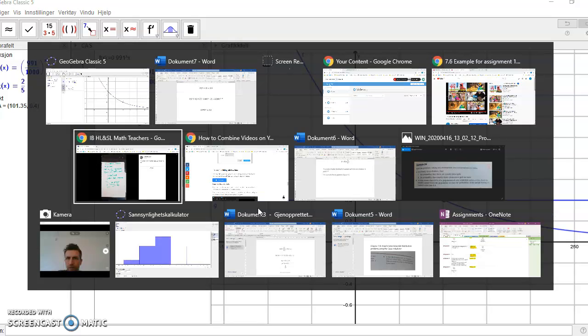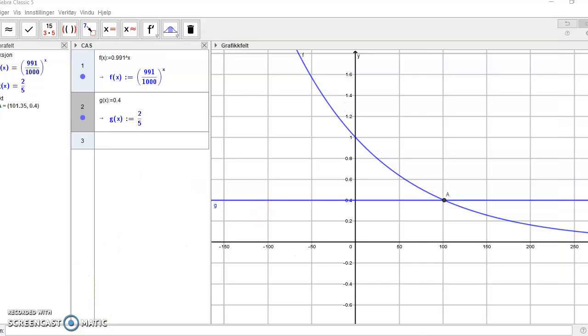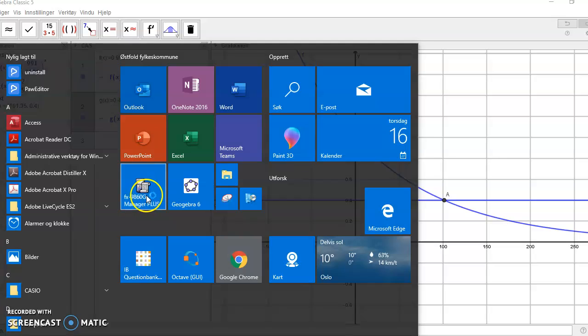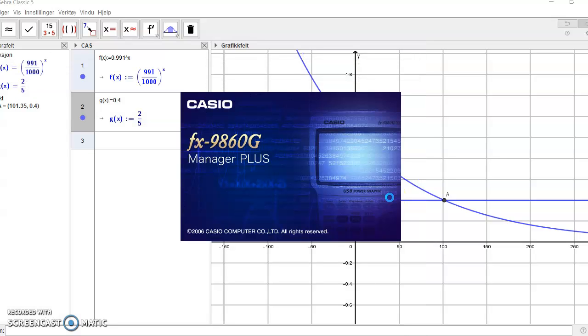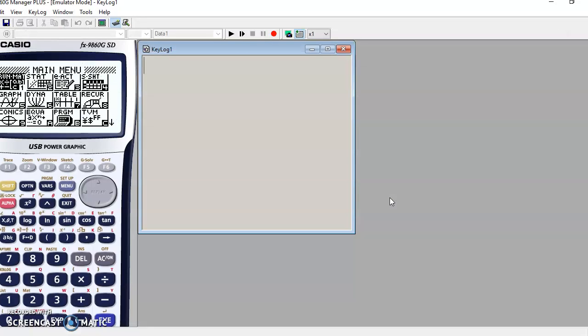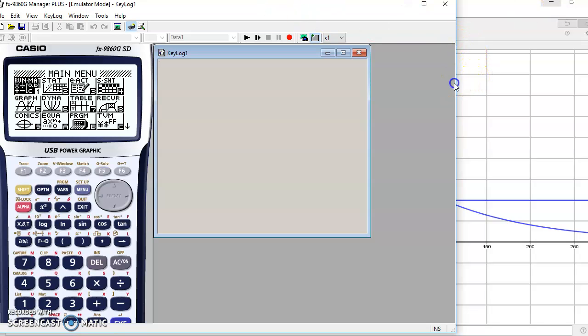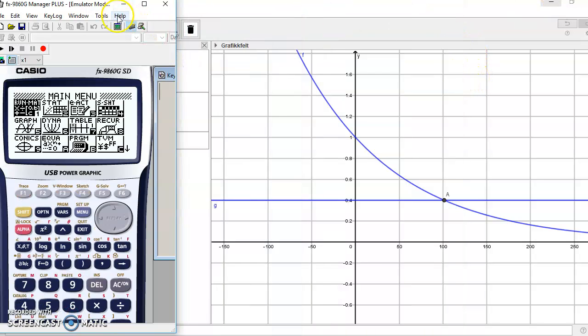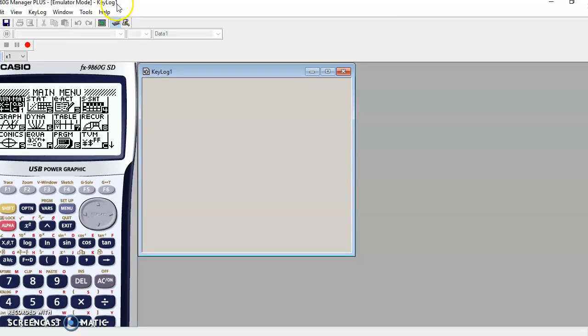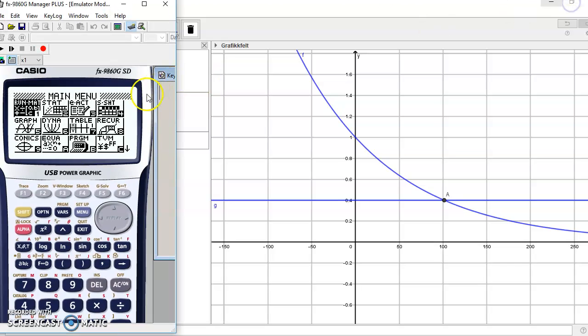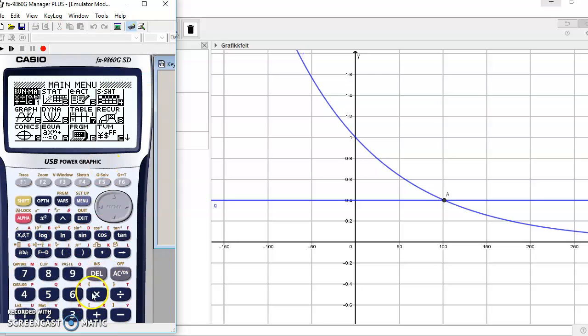So let's go to our calculator display and just see how we're going to solve this here.